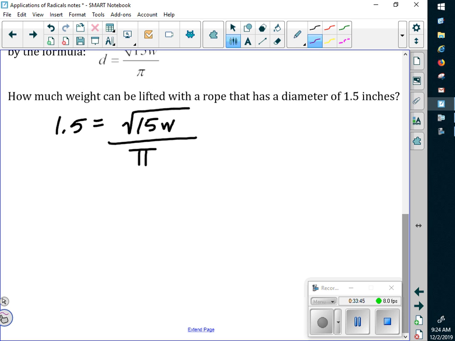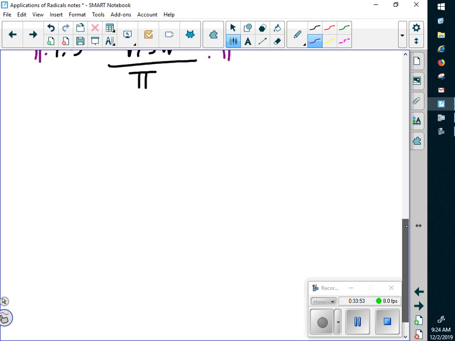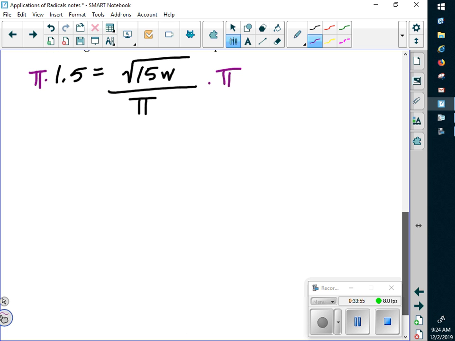So, let's multiply both sides by pi. Now, do not do that on your calculator yet. Not yet. Just hang on a minute. So this says 1.5 pi equals what? Equals 15. Yeah.